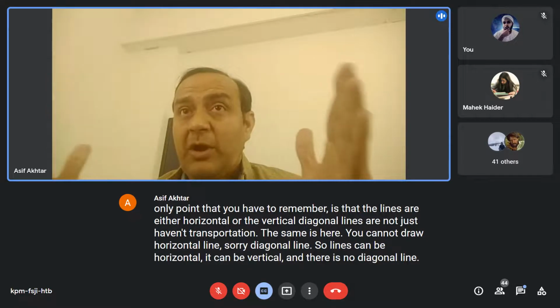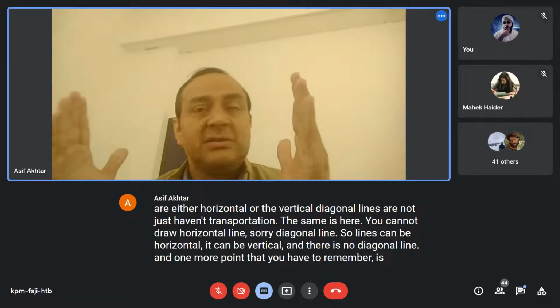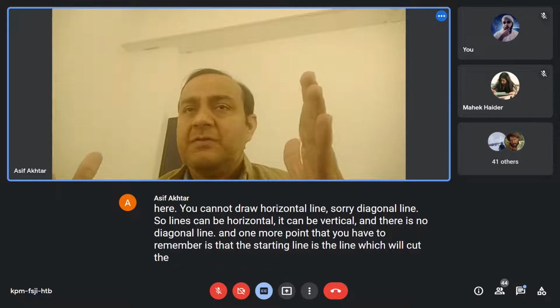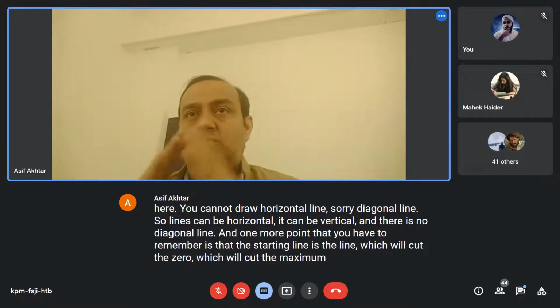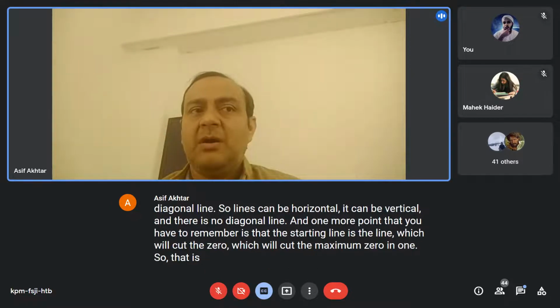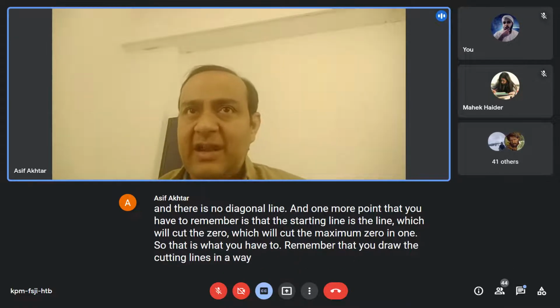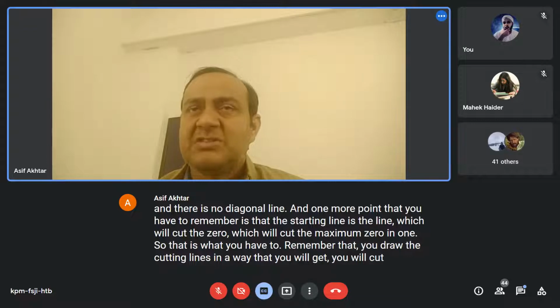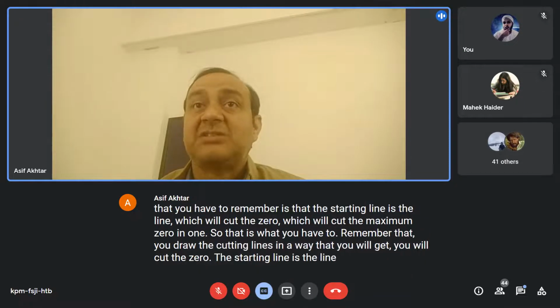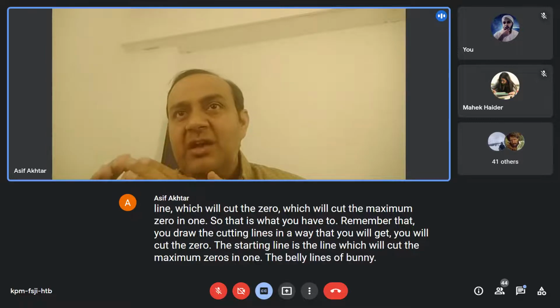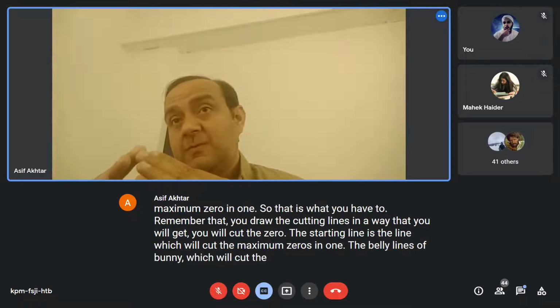And one more point to remember is that the starting line is the line which will cut the maximum zeros in one go. So the first line will be such a line which will cut the maximum zeros.